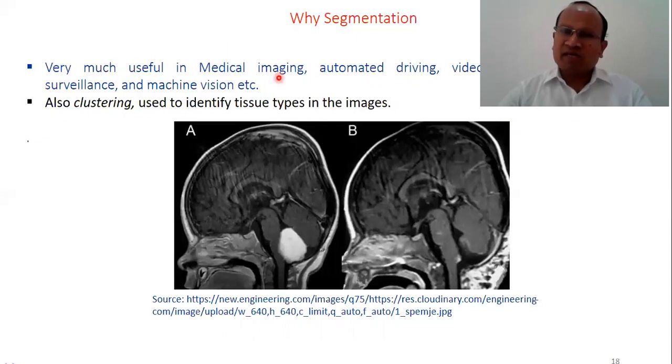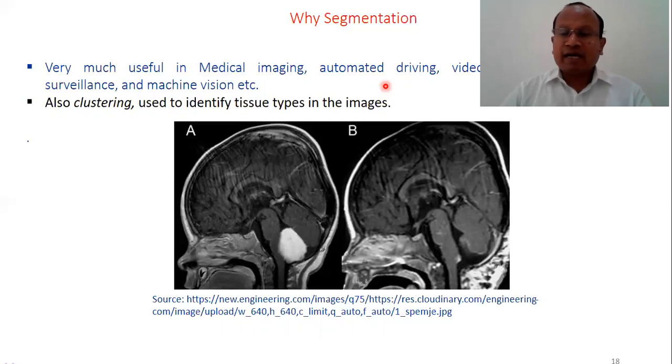So medical imaging, automated driving, driverless cars, self-driving cars, video surveillance, where we ask what is moving, what is the possible object which is coming, whether it is coming or going away. And in all machine understanding, machine vision, today we talk about machine vision, machine learning, where the computer understands every image as a combination of some grayscale values.